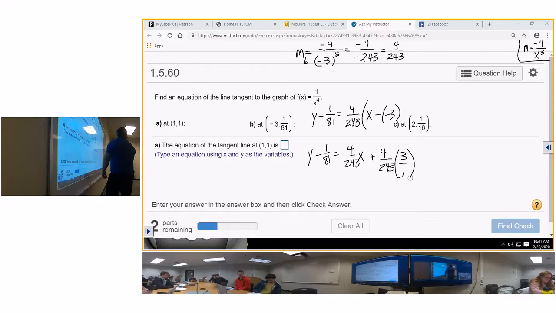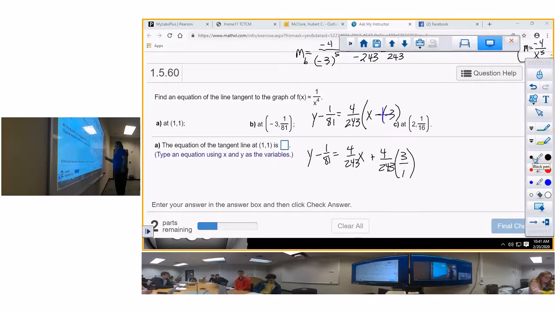Because what do those two negatives turn into? Those two negatives turn into a positive. That's why I put those parentheses there.